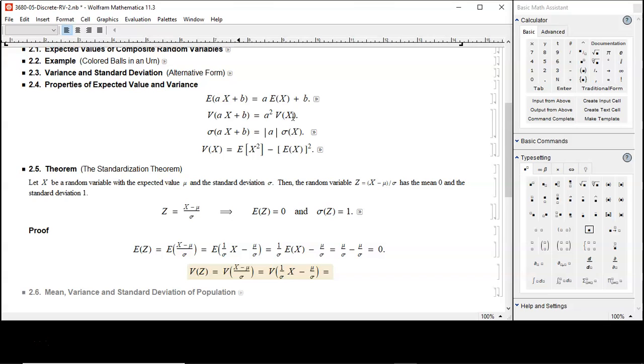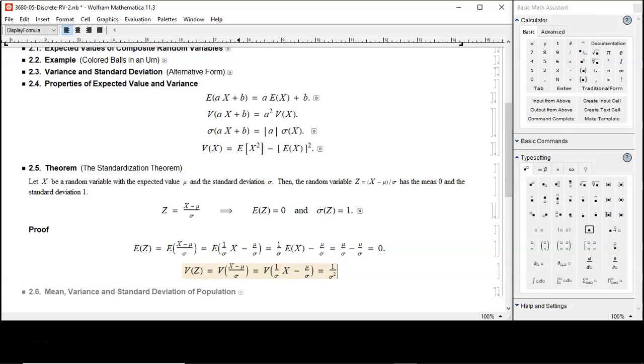And then for variance, this plus b part drops out. That one just drops out. And then we're going to get a square, right? 1 over sigma squared, and then the variance of x.